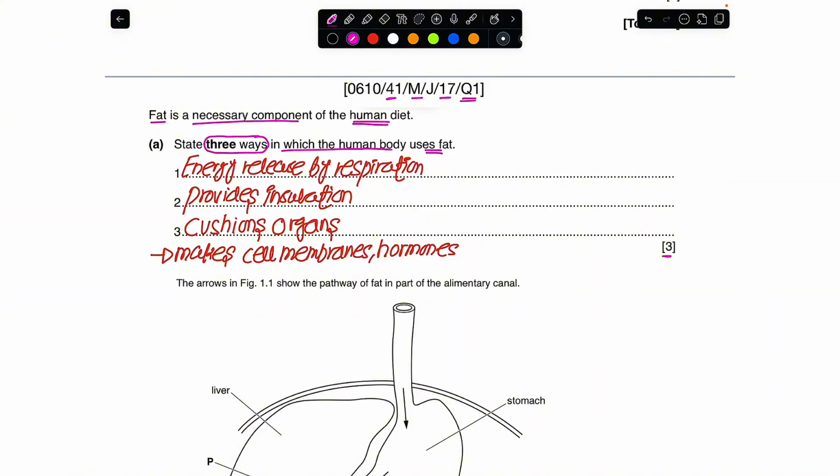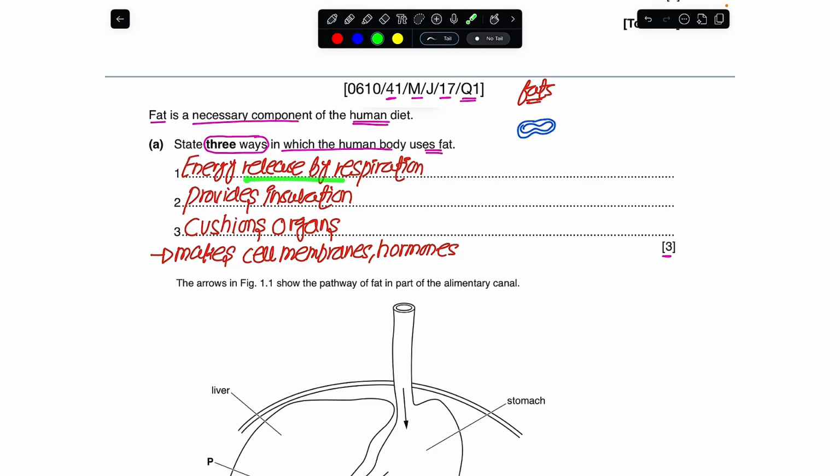Now, what we know is that our cells have mitochondria, and their role is to release energy by the process of respiration. Apart from glucose, the fats that we have in the body can also go to the mitochondria, and energy can be released in the form of ATP. So the first statement is that they are used to release energy by respiration.